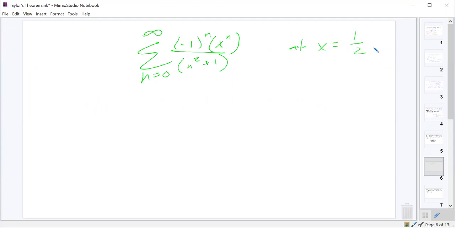That works for sure. All right. And let's truncate at 3rd degree. So use an alternating series error bound to tell me what that error should be.